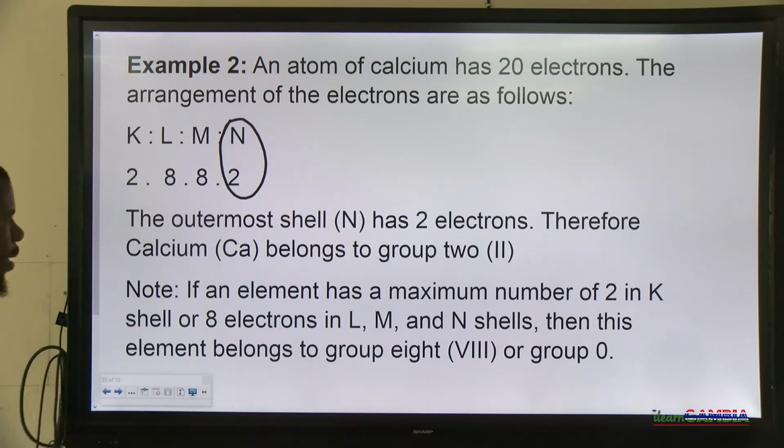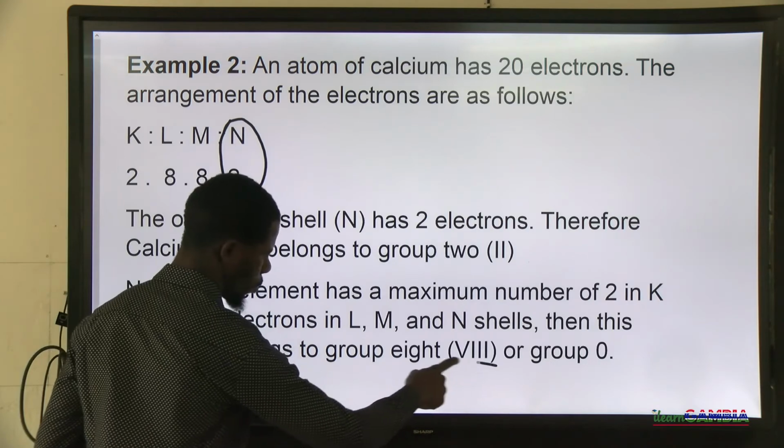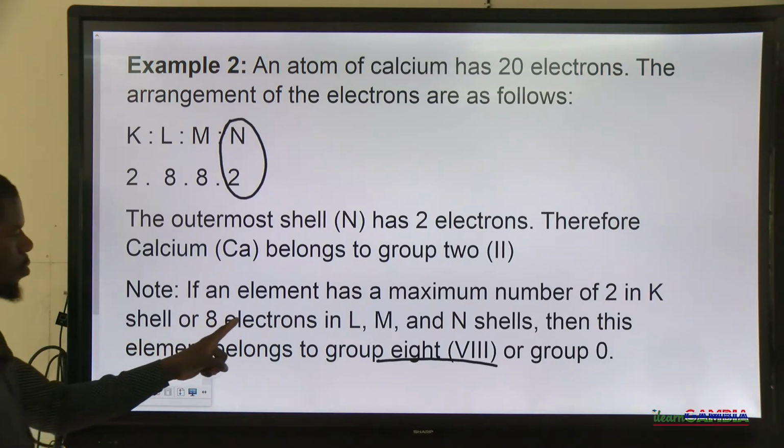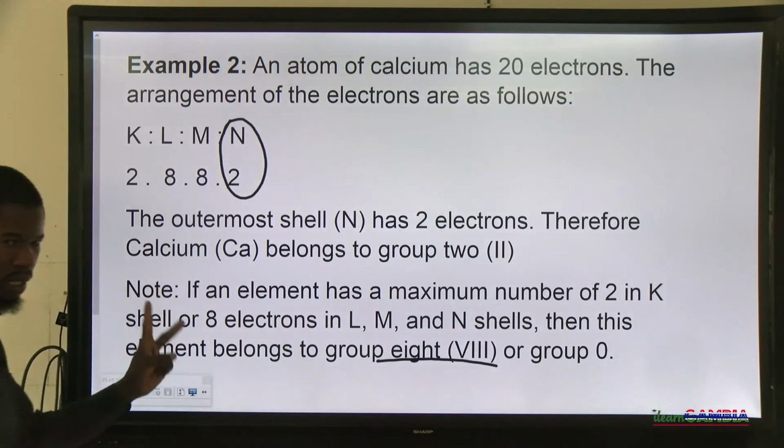Note, if an element has a maximum number of 2 in the K shell or 8 in the L shell, M and N shells, then this element belongs to group 8 or group 0 elements. That is, we have to take note of this. For group 8 elements, it can have a maximum of 2 electrons on the K shell.